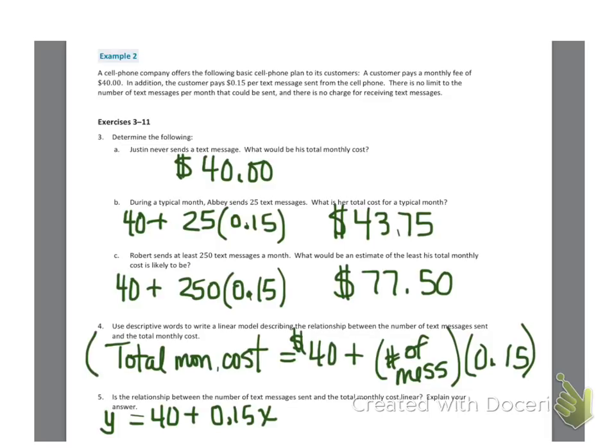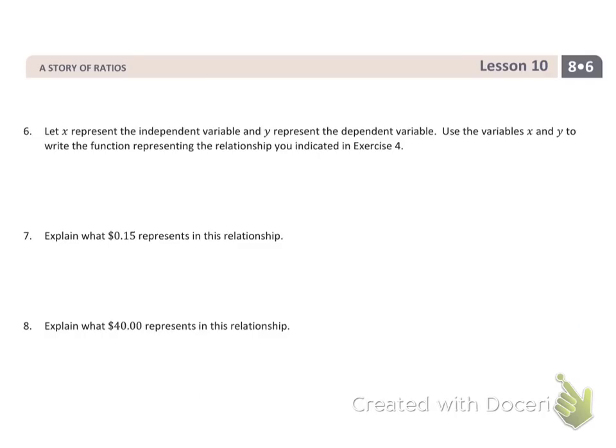That was our descriptive or verbal model of this function. And we got a little ahead of ourselves in number 5. But let's talk about what is the independent and what is the dependent variable here. In other words, what are we trying to predict? That's going to be our dependent variable.